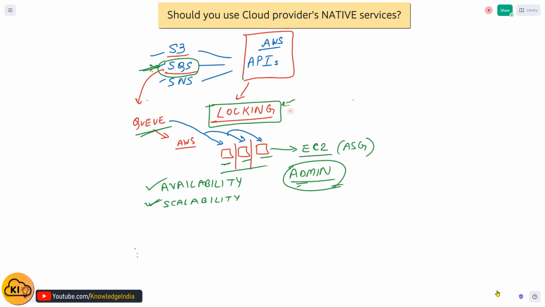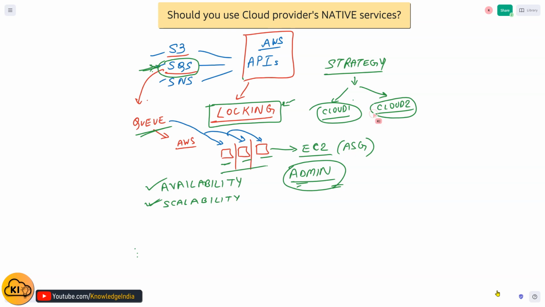Instead, they will have some sort of strategy, and as part of that strategy, they would decide which type of workloads will go to the first cloud provider, and which type of workloads will go to the second cloud provider. They'll have that strategy defined.